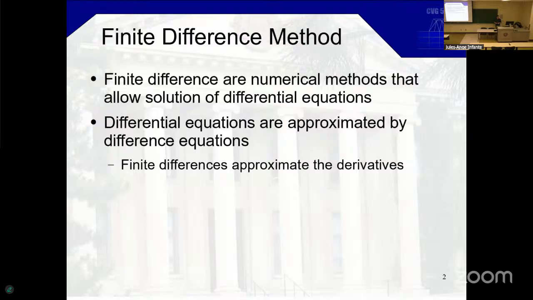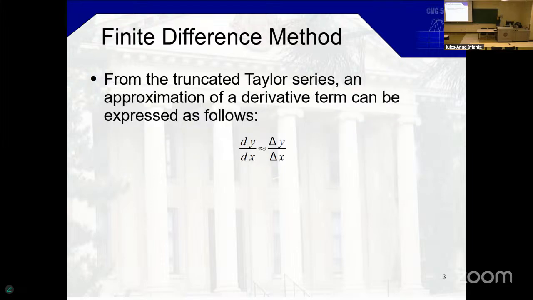The finite difference method is based on the truncated Taylor series expansions of approximation of functions by differential equations. Basically, the slope of the first derivative of a function can be approximated by the delta equation, so delta y over delta x, the slope of the equation.